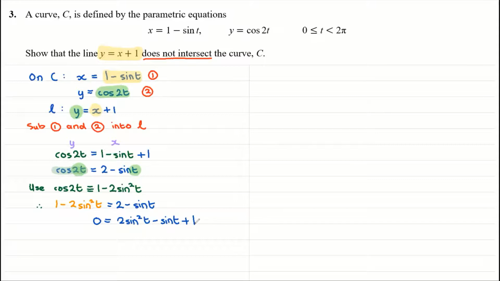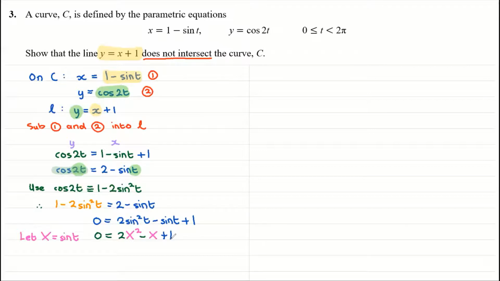And depending on how comfortable you are with this, you could make the substitution that you might be familiar with like this. So let big X equal sine t. It's completely up to you. I'll do that. So 2 big X squared, subtract just 1 big X plus 1.